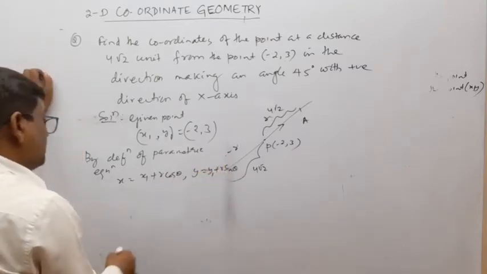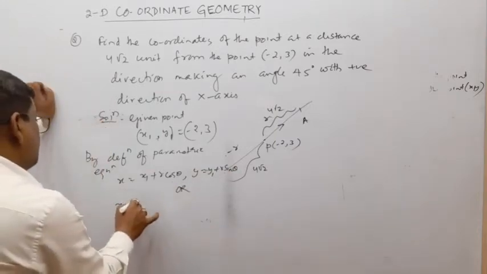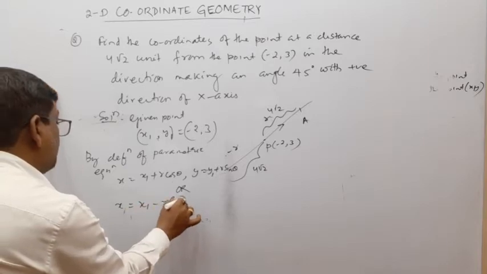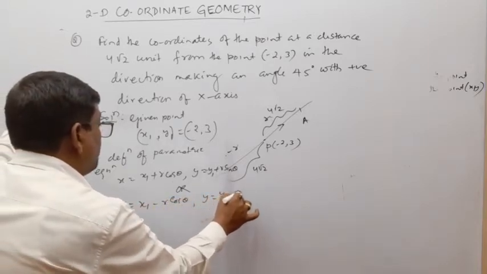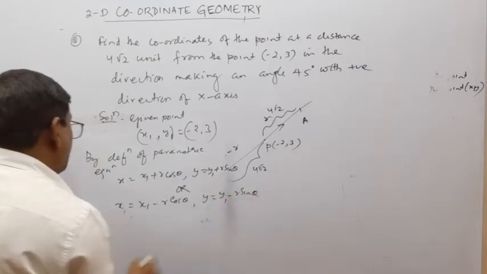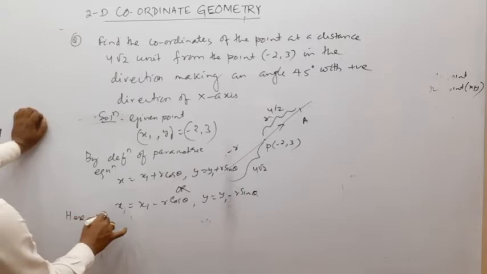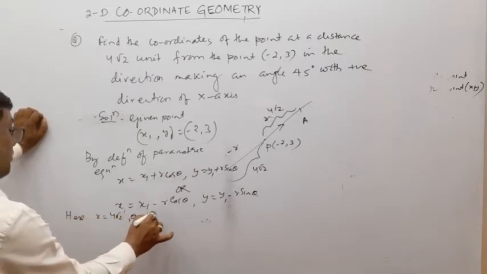In the opposite side, x is equal to x1 minus r cos theta, and y is equal to y1 minus r sin theta. Here r is equal to 4 root 2, and theta is equal to 45 degree.